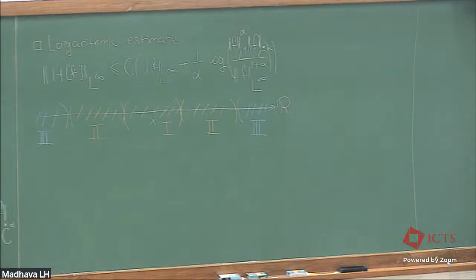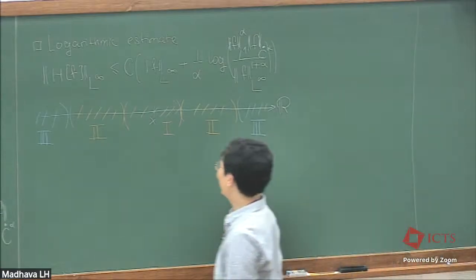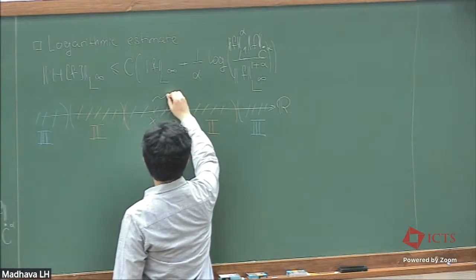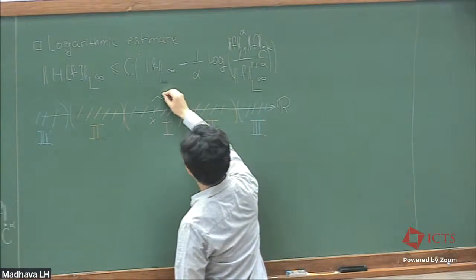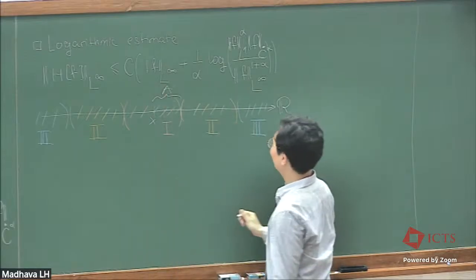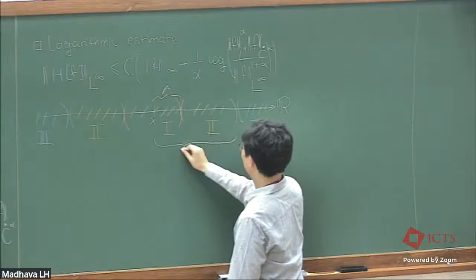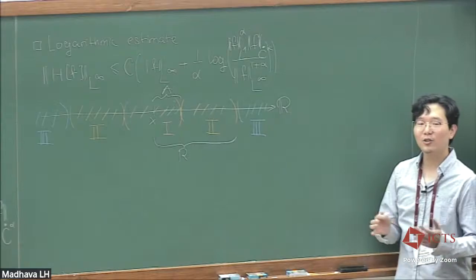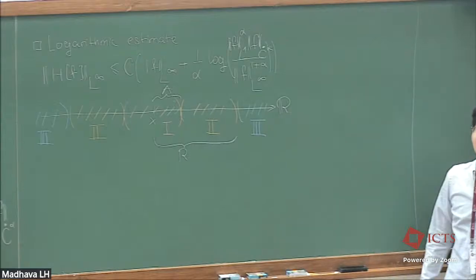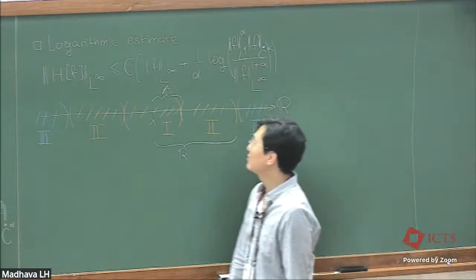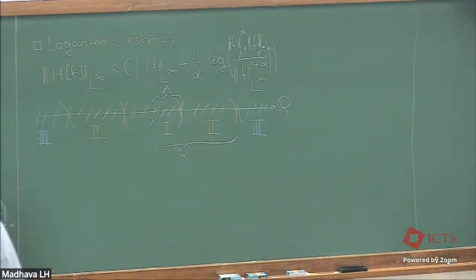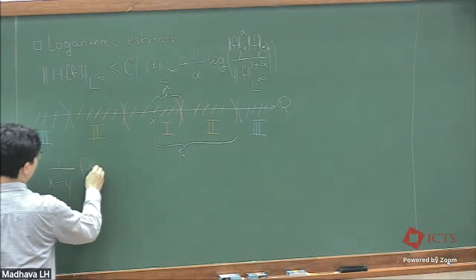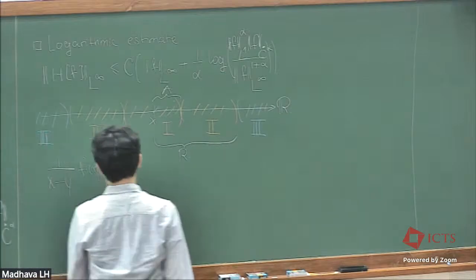Okay, so this is actually very straightforward. Let's say this is A, some length, and let's say this is R, another length. We are going to optimize them later. So we estimate this integral, forget about 1 over pi.